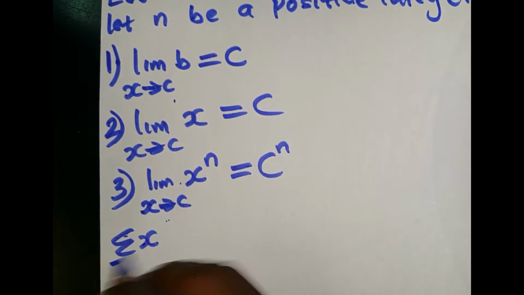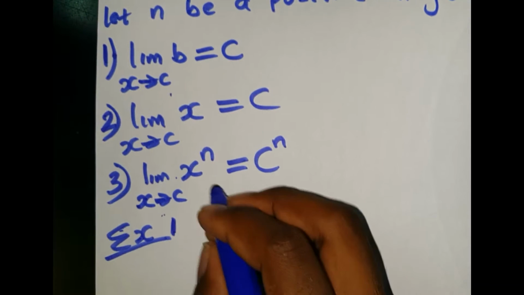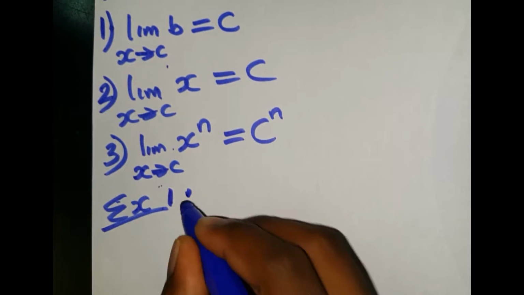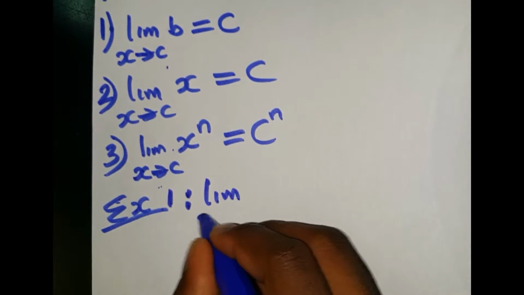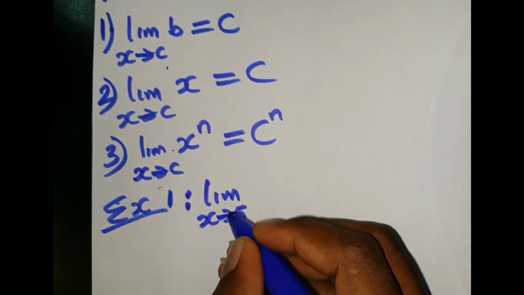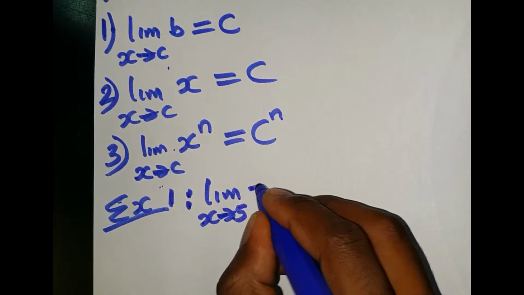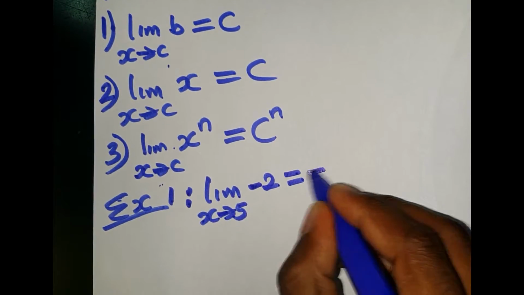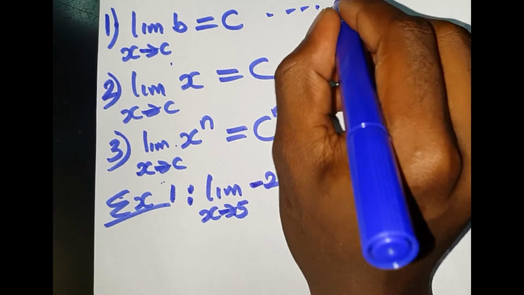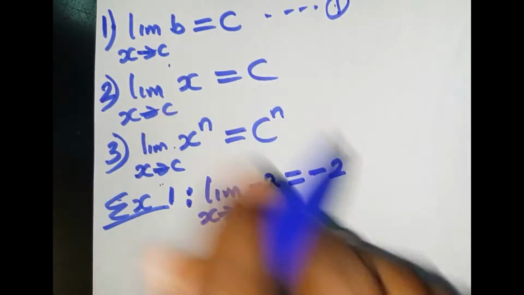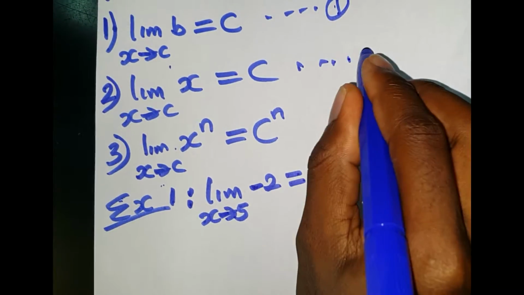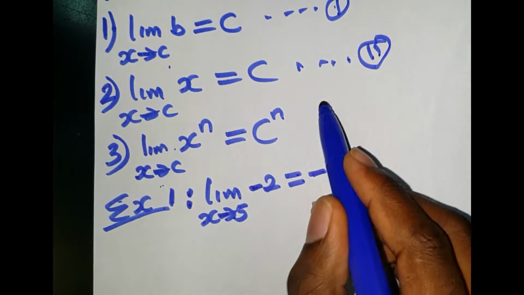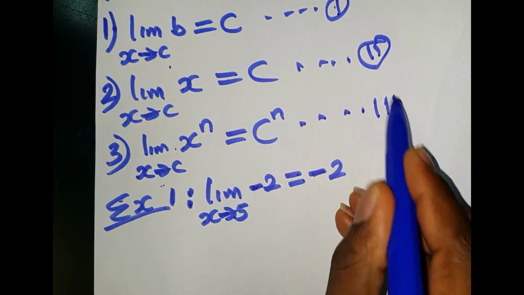The first example. The limit when x tends to 5 of minus 2. If we have minus 2 here, our result will be minus 2. Let me call this equation 1, this 2, and this 3.